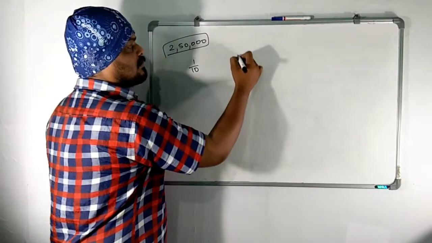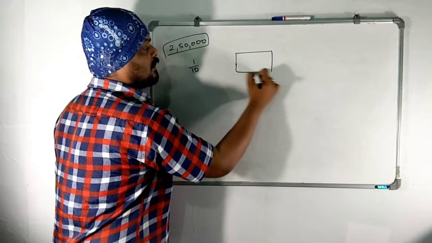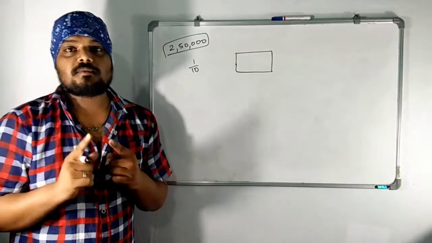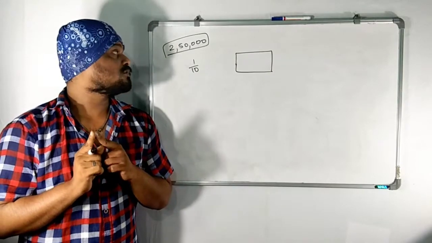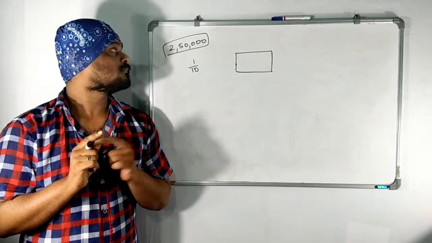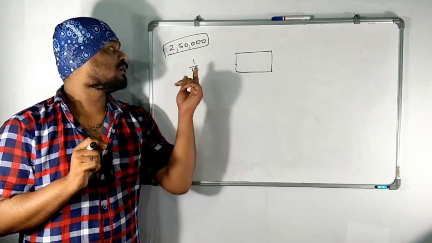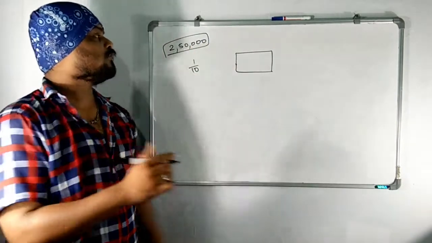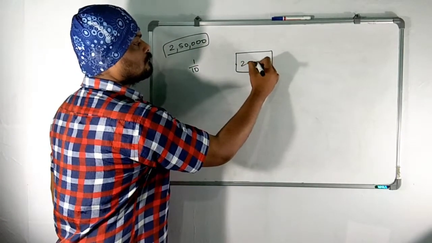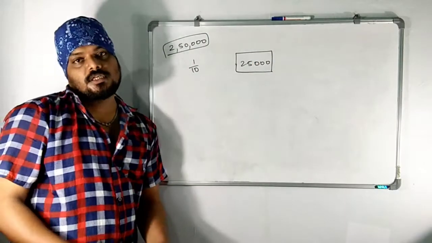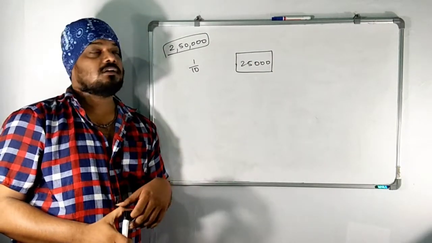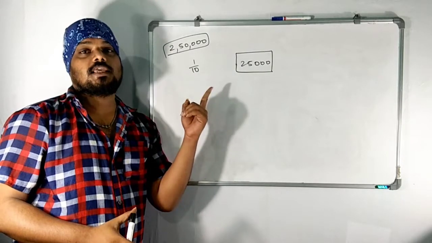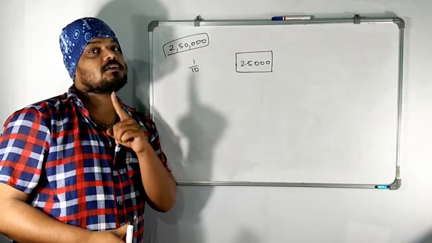So in the first year it is depreciated how much? 10 percentage of 2,50,000, where the 0 gets cancelled and we will get 25,000. 10 percentage depreciation of 2,50,000 is 25,000 for the first year.